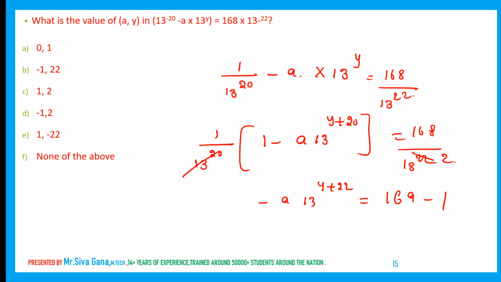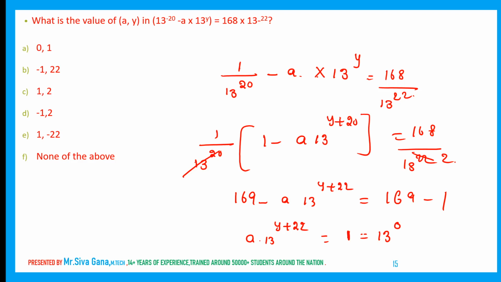Therefore, a into 13 power y plus 22 is equal to 1, since 169 minus 168 is equal to 1. This 1 can be written as 13 power 0. We got this one.